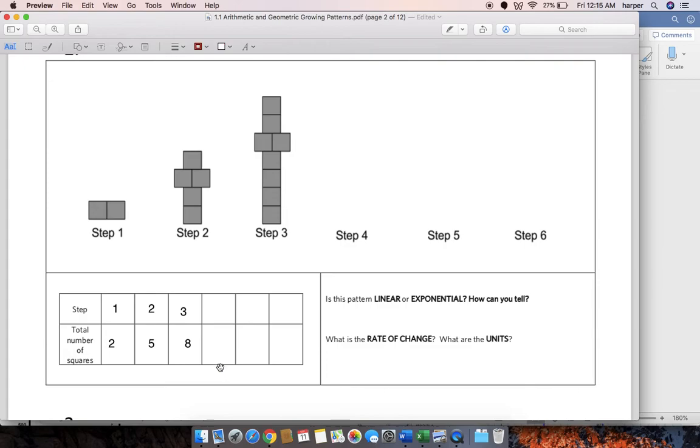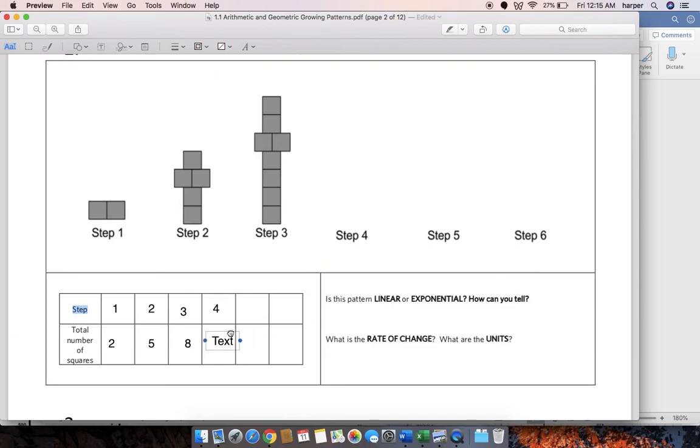Now we gotta think. That's our thinking, like Minecraft. What will be our next one? So I really want you to try and think about it before I give the answer. So again, take a little break, and then let's try this out.